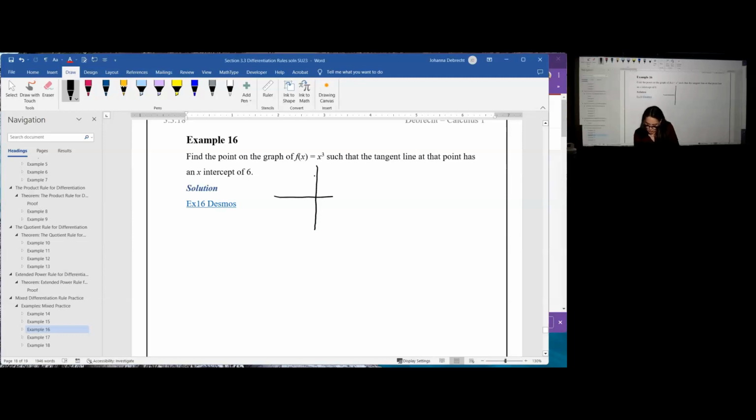First, we have the graph of x cubed, which comes up, flattens, goes to a saddle point at the origin, and then continues up. We need to find some ordered pair a, b on the graph of x cubed where the tangent line intersects the x-axis at 6.